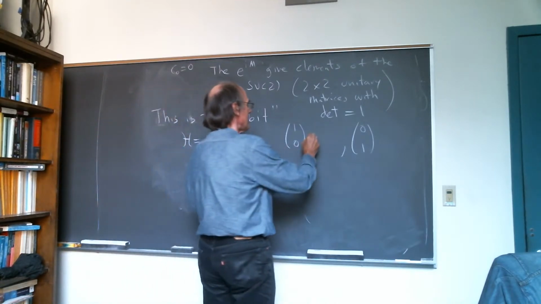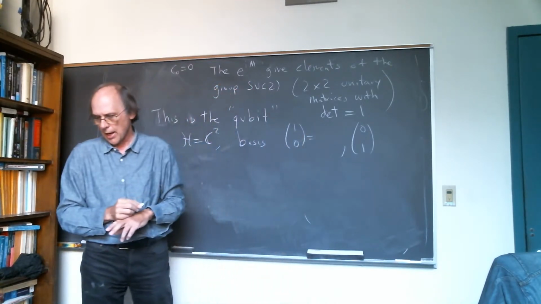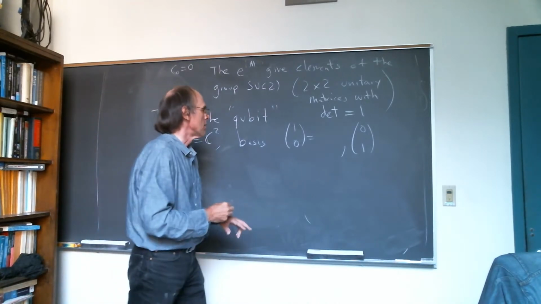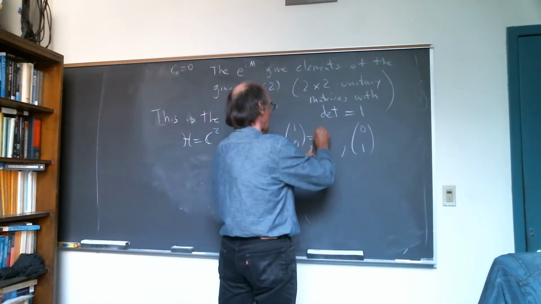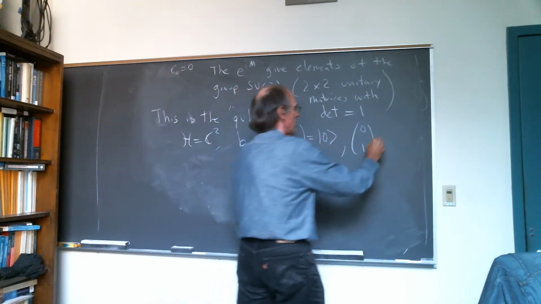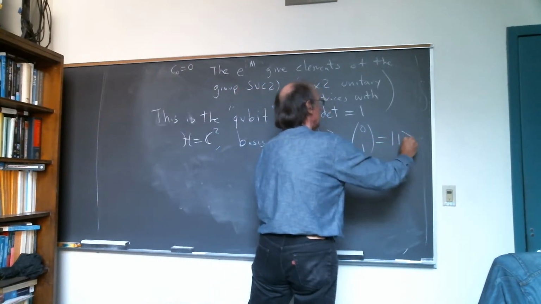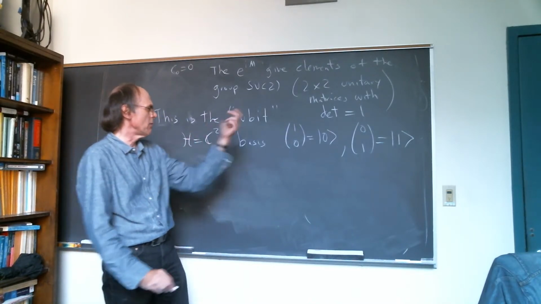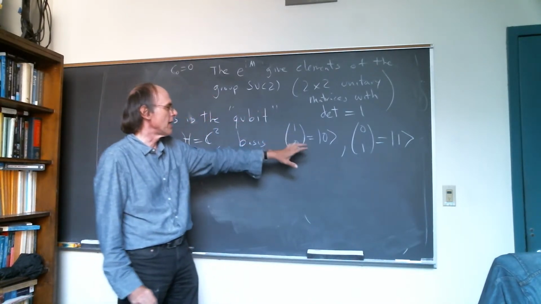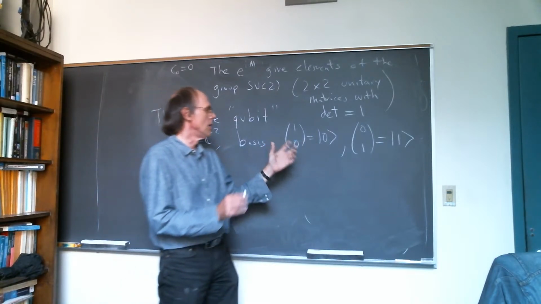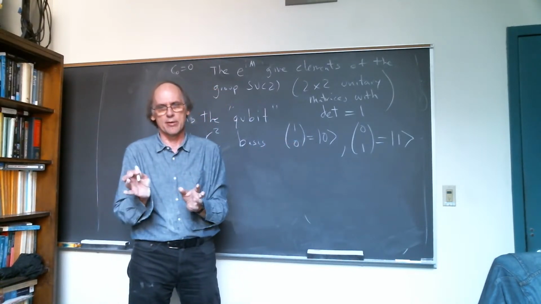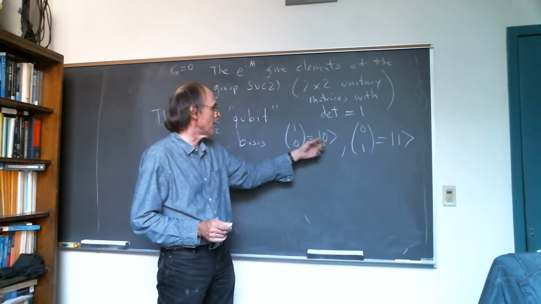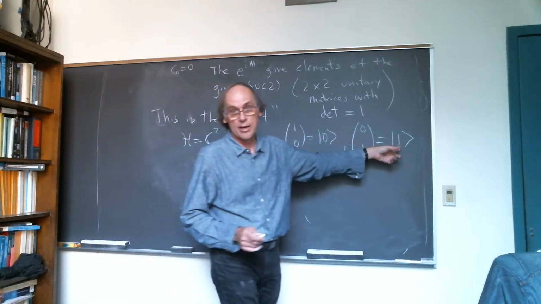You can give these a name, and one standard way is to call this one state 0 and this the state 1. Or maybe you want to do it the other way. I don't know. But anyway, all states in this system are really just complex linear combinations of this guy and this guy.